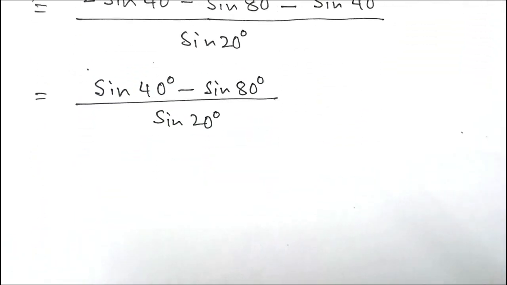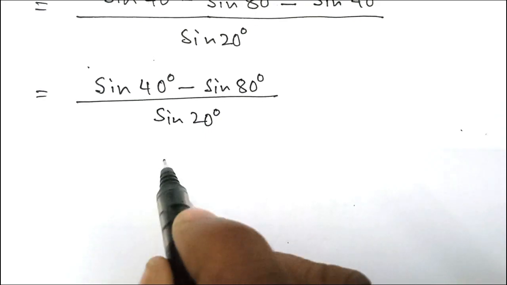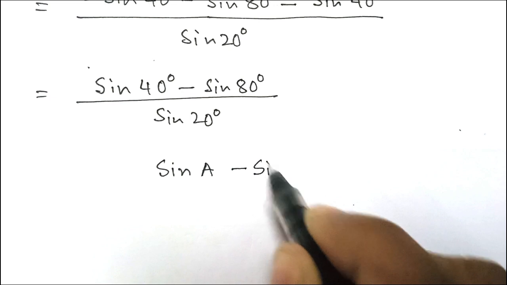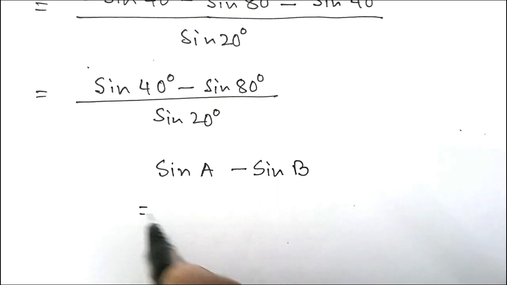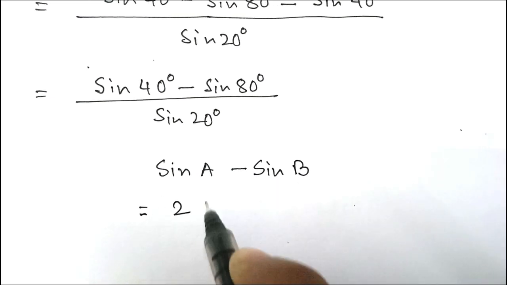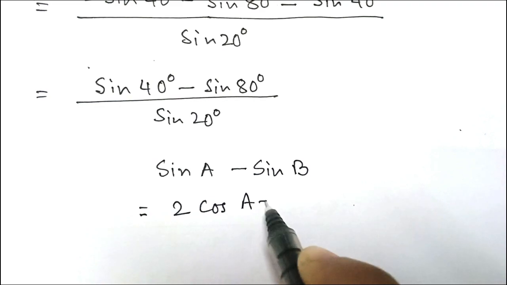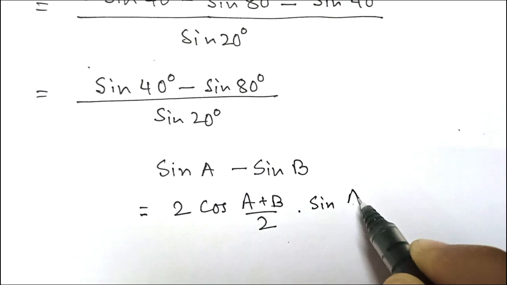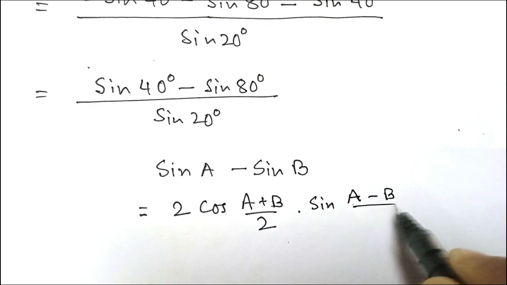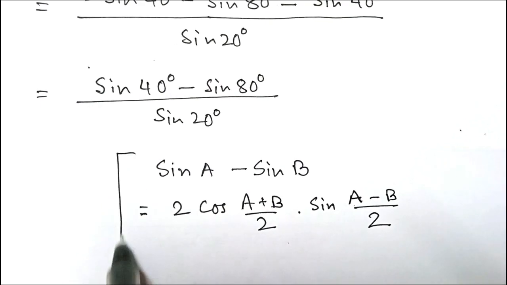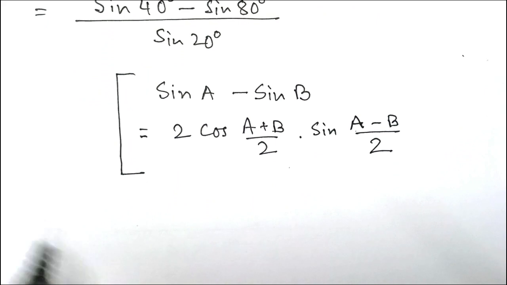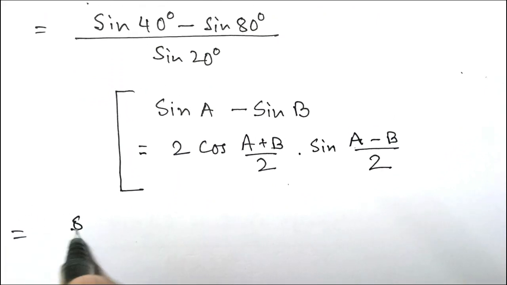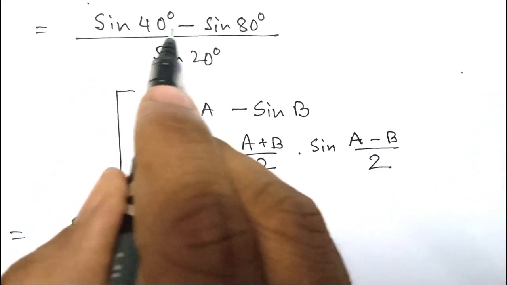Now we have another identity, that is sin A minus sin B is equal to 2 cos (A plus B) by 2 into sin (A minus B) by 2. So this we will apply here, on sin 40 minus sin 80.